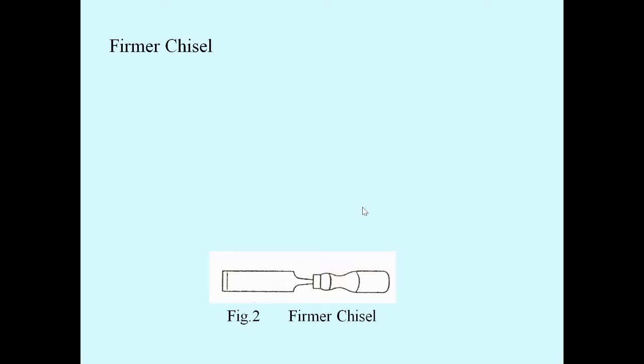We can see the diagram of the firmer chisel here. The firmer chisel is capable of doing heavy work. Whenever you are doing a job on the workpiece, we can use different types of chisels.